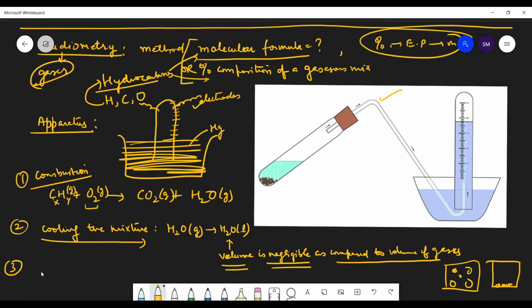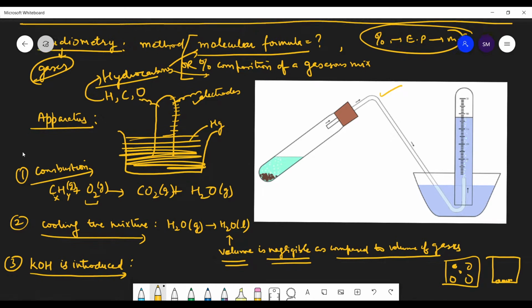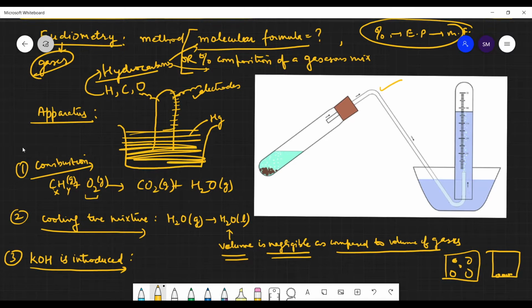Now the third and final step. KOH, potassium hydroxide, is introduced. What is the purpose of this? Carbon dioxide. Very good. You have read it earlier also, in the book of class 10, about KOH.